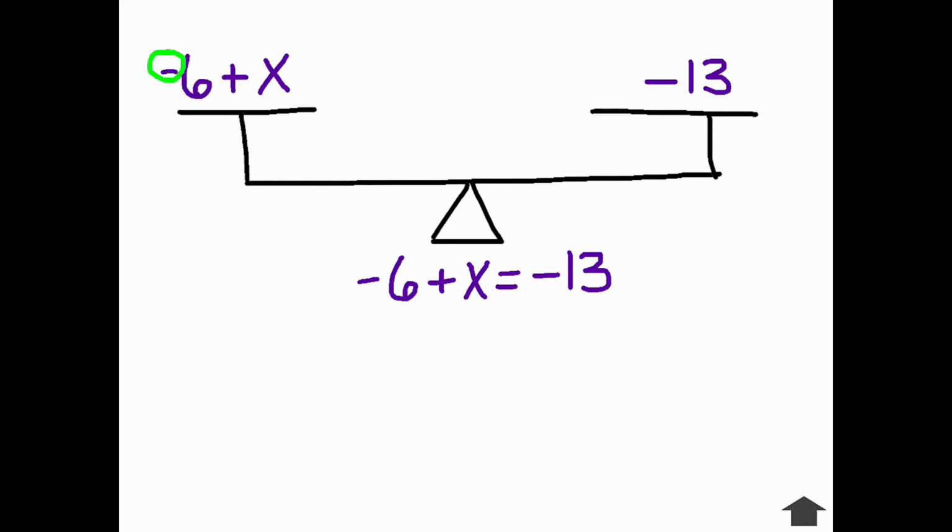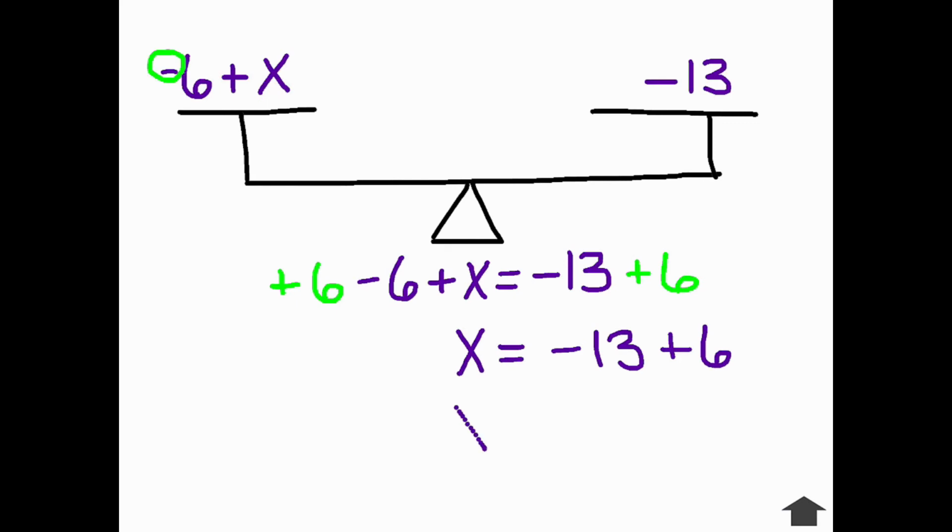It's positive 6, or plus 6. So I want to add 6 to each side to keep my balance. When I do this, I find that x equals negative 13 plus 6, or x equals negative 7.